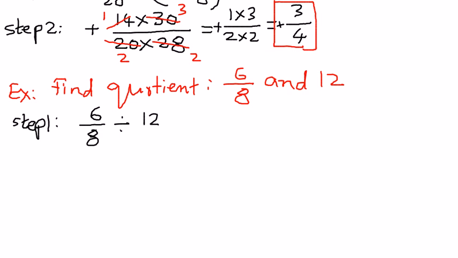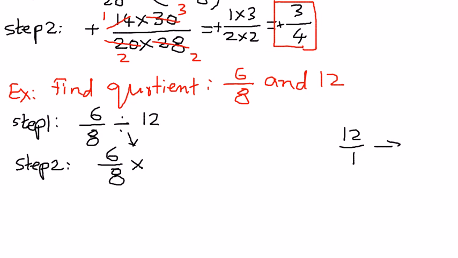So in here we're going to write it out as follows. Step number 2. 6 over 8, we write the first fraction as is. We convert the division into multiplication, and we want to write the 12 as its reciprocal. We have the number 12, which means 12 over 1 as a fraction.